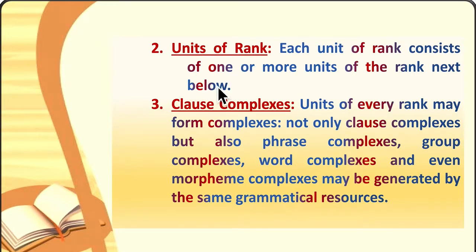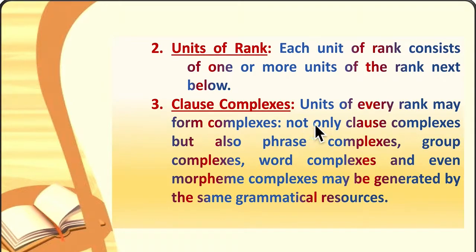And this we call units of rank. Point number 3, clause complexes. Units of every rank may form complexes. Not only clause complexes, but also phrase complexes, group complexes, word complexes, and even morpheme complexes may be generated by the same grammatical resources. Look here, clause complexes are the bigger one, and within clause complexes we'll find every other constituency, every other rank, every other unit.